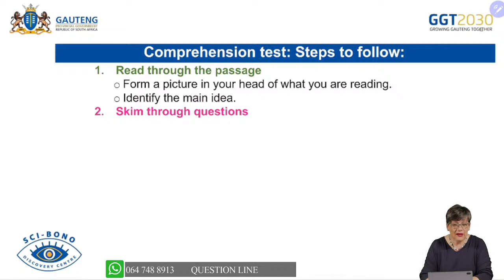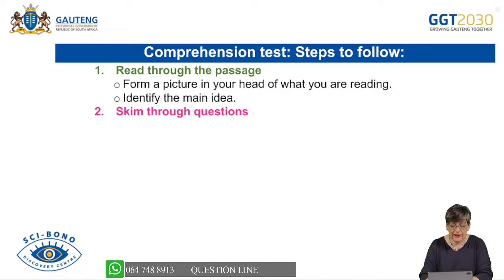After your 10 minutes is up and you can start, move immediately to your questions. Now, you can't just read through them. Remember, I showed you that you have to use your highlighter and your pen to unscramble those questions. Do you remember that? Now you have to do it again.